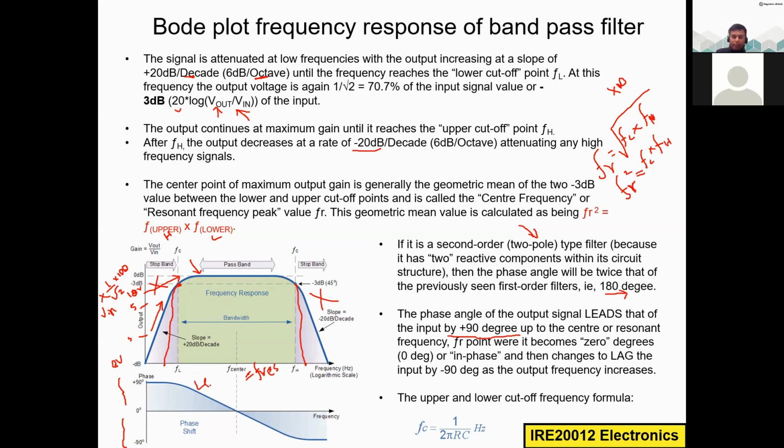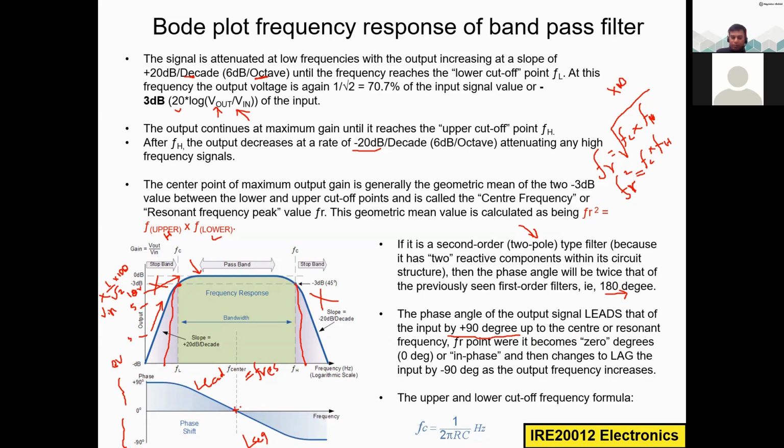So this is the lead part, plus 90-degree, and this is the lag. So this is what is mentioned here. Until we reach the center or resonant frequency, the output leads, and at this resonant frequency it becomes 0 degree with respect to phase angle.